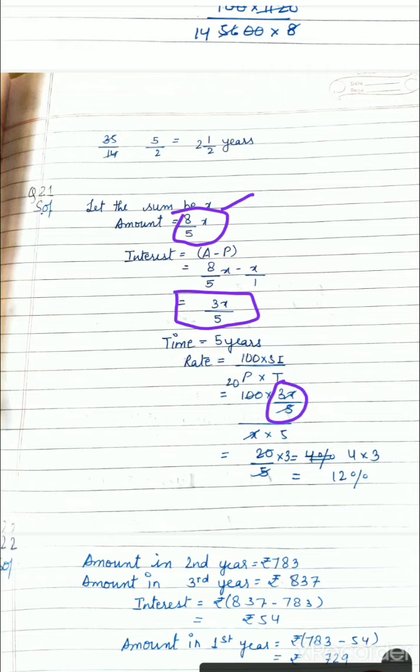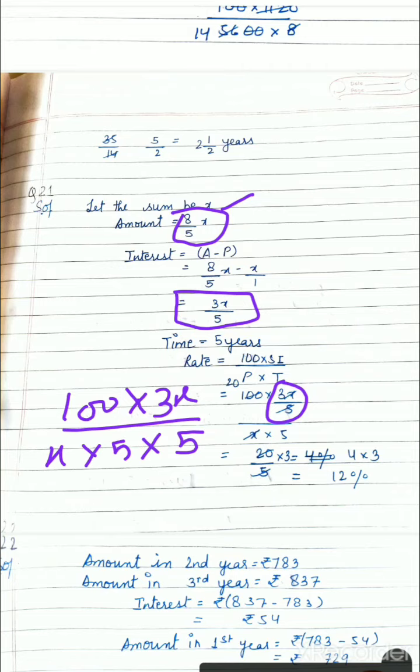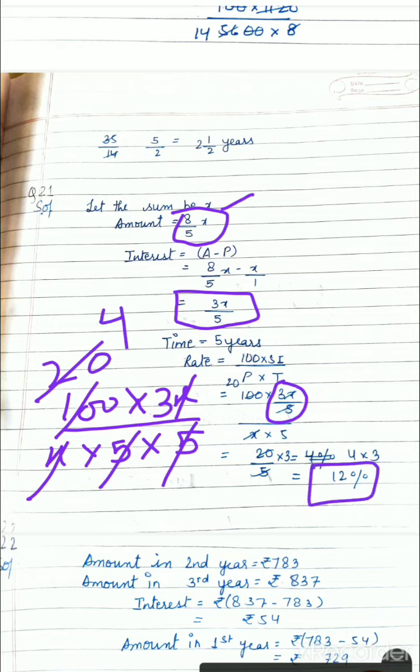We will keep it in the form of x only. Now principal is x and time is 5. So, we will calculate 100 multiplied by 3x upon 5, and here x and 5 are already in the denominator. So, x and x will be cancelled out, 5 will be cancelled out with this and this 5 will be cancelled out by this. We will get the answer 12%. Clear?